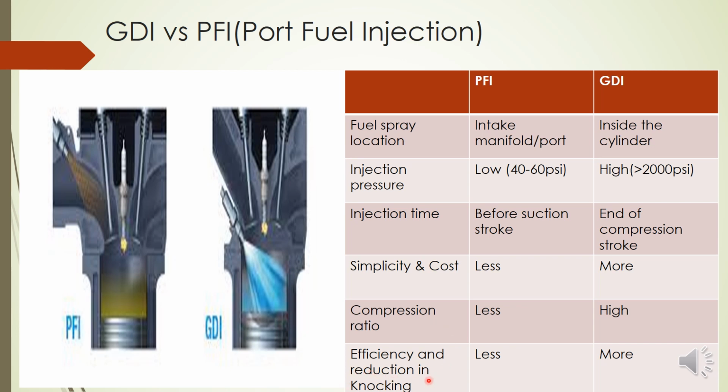So here you can see the last point. In a GDI engine the reduction in knocking is more, and therefore efficiency is more. So we can use a high compression ratio. A compression ratio greater than 10:1 can be easily used in a GDI engine. But in a PFI engine we are not reducing the knocking, so the compression ratio is not that high.